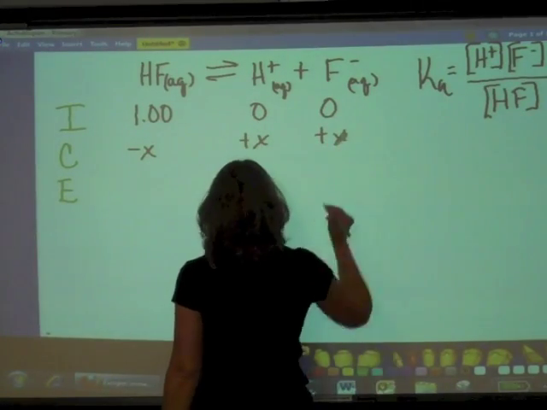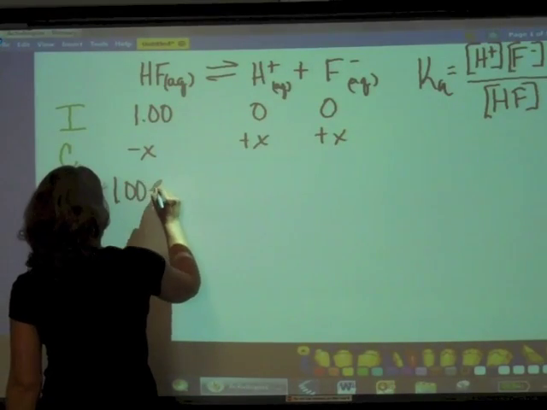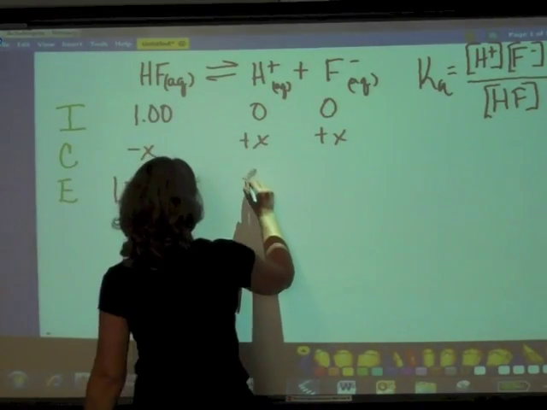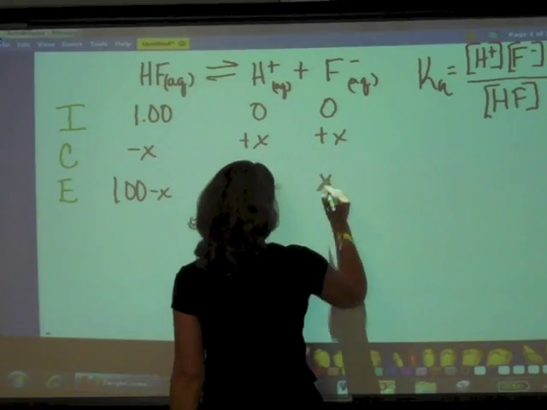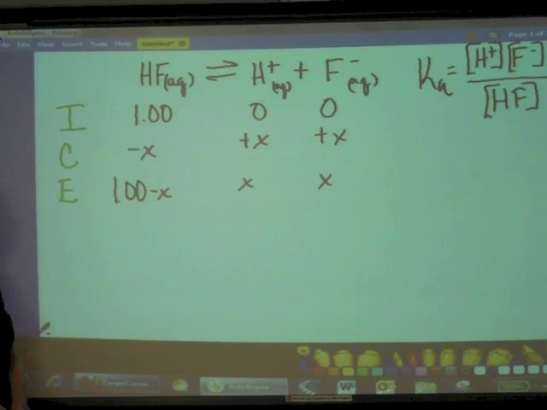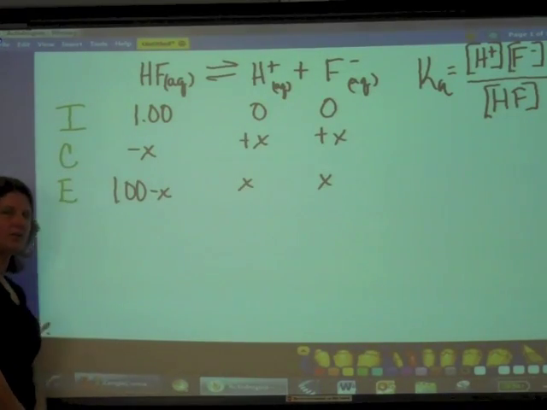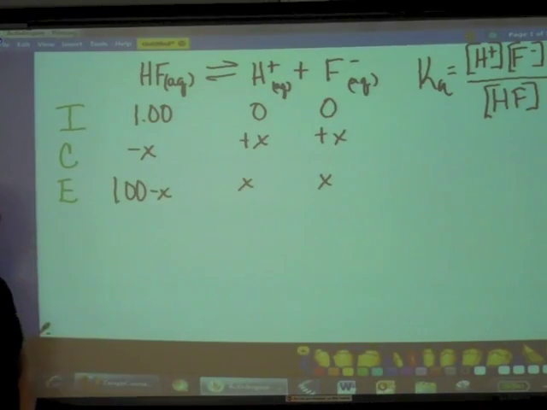We are going to gain. So what do we do next? We are going to plug these things into the equilibrium expression and solve for x.